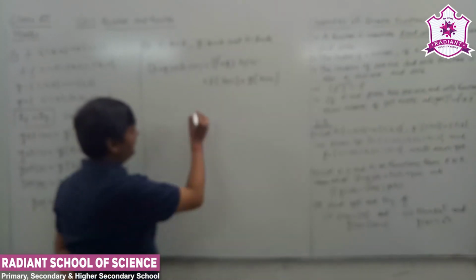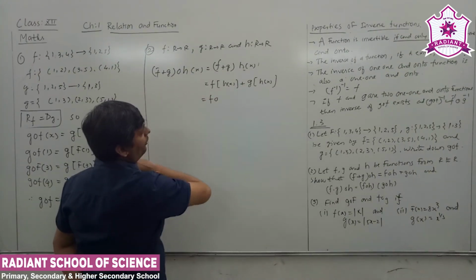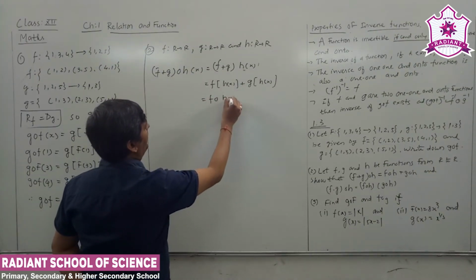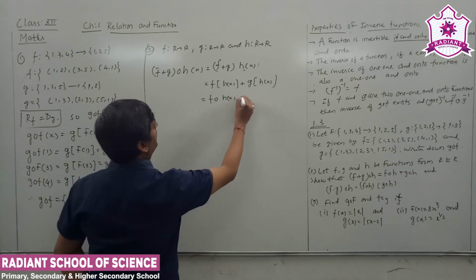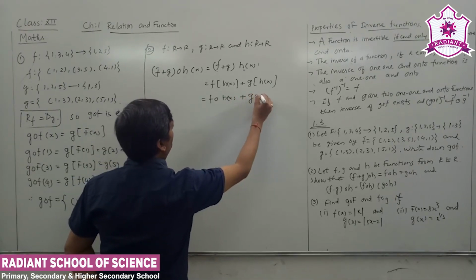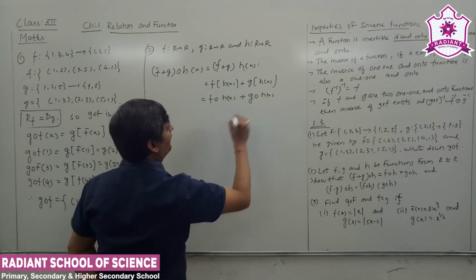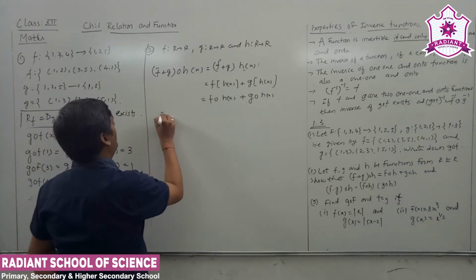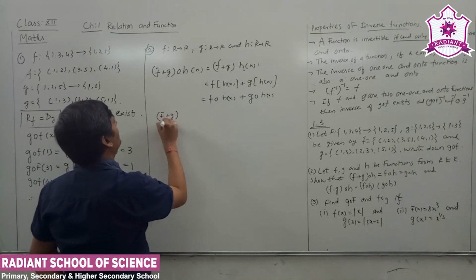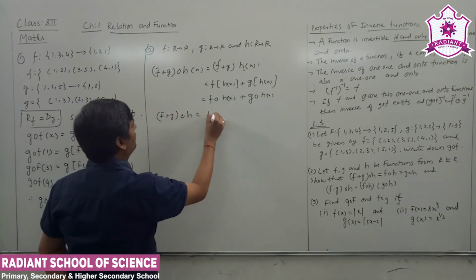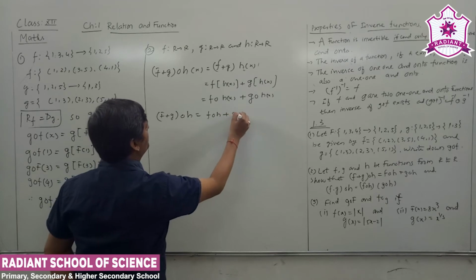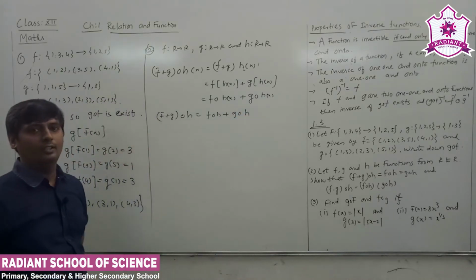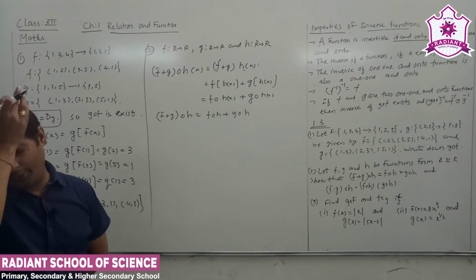So can we determine this kind of f of h of x plus g of h of x? Can we write from this? Yes. So therefore f plus g of h is equal to f of h plus g of h. Understand? So first result is completed, right?